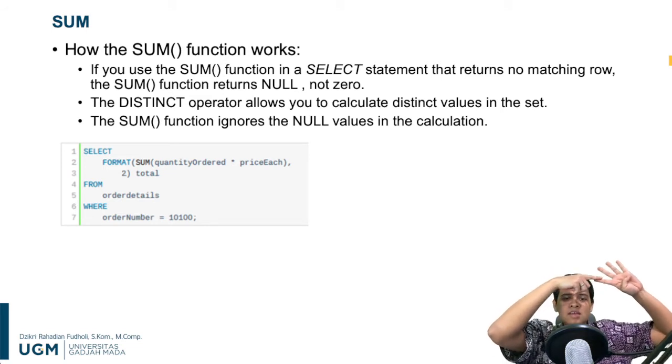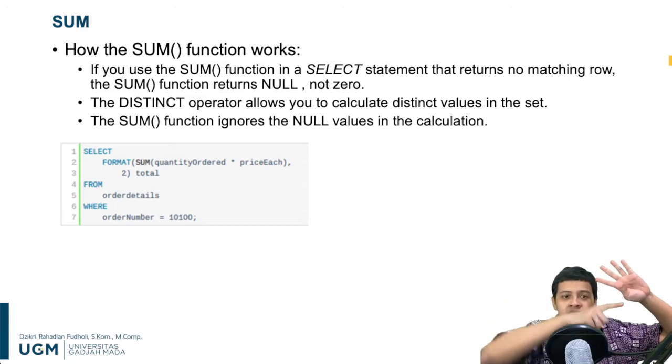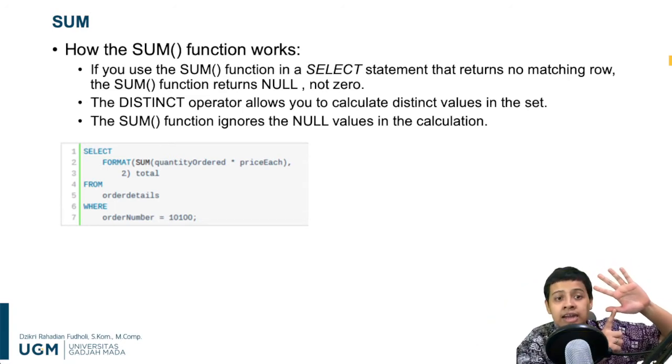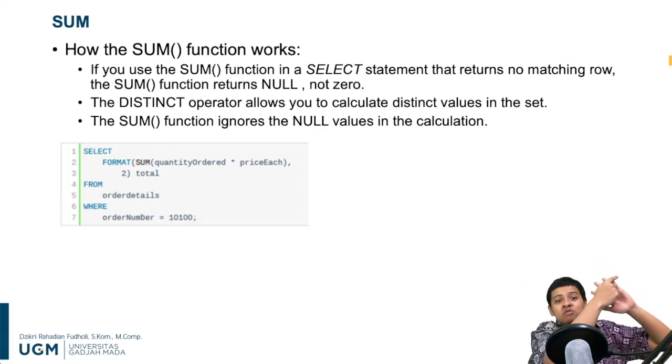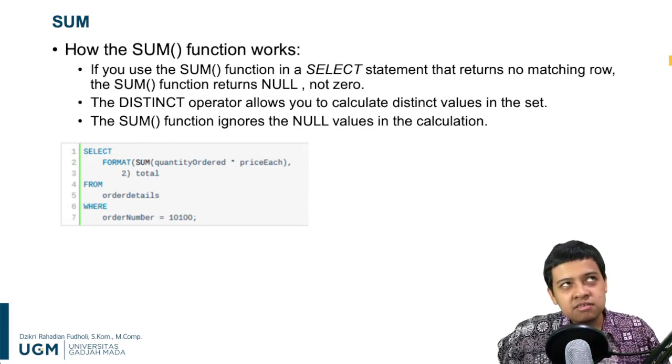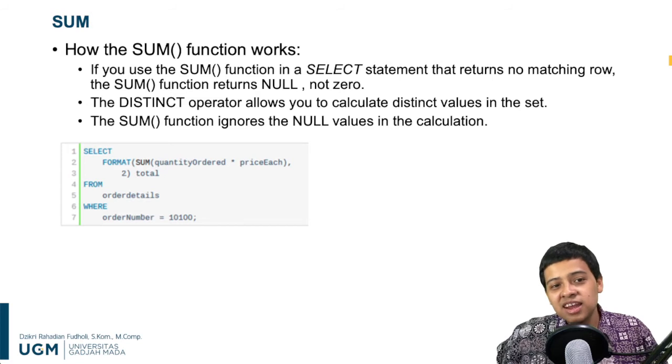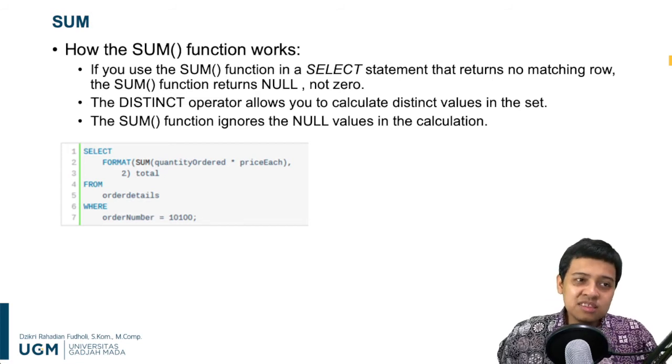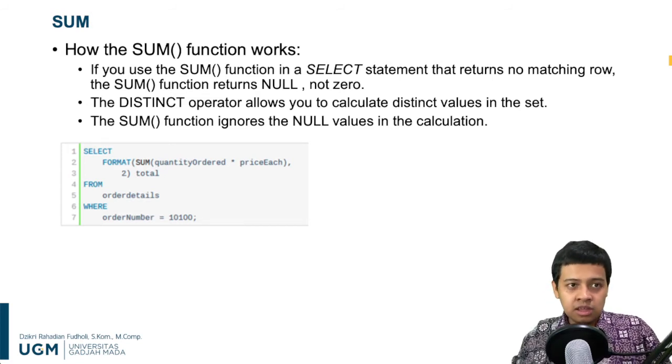We have 4 rows, and we have one over here that is null. When we sum this, we just add these 4 values, so there will be no 8 plus null, things like that. So the sum function ignores the null value.